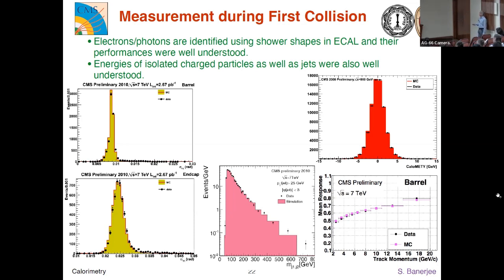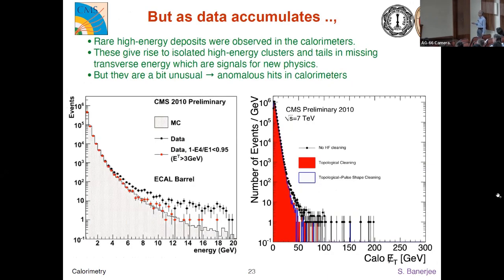So this is the electromagnetic calorimeter. This is the missing transverse energy in the entire detector, and this is the response of the combined calorimeter as a function of the track momentum. In every place we have fairly good agreement between data and Monte Carlo, so we understood the behavior of the calorimeter from the very beginning.